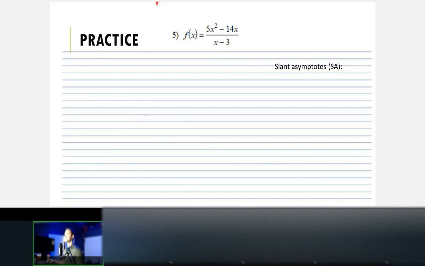All right, so everyone, quickly on your paper, do synthetic division and find me the SA. Ready, go. Don't forget placeholders.